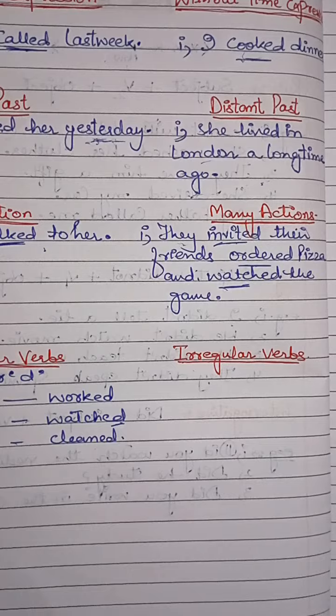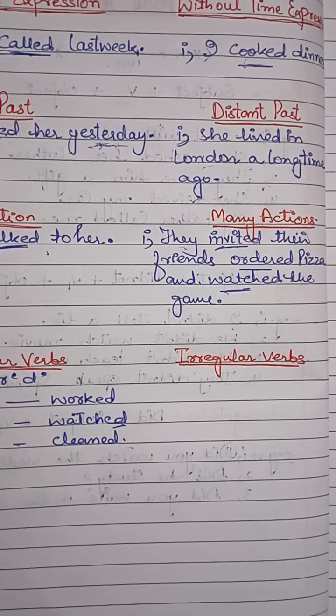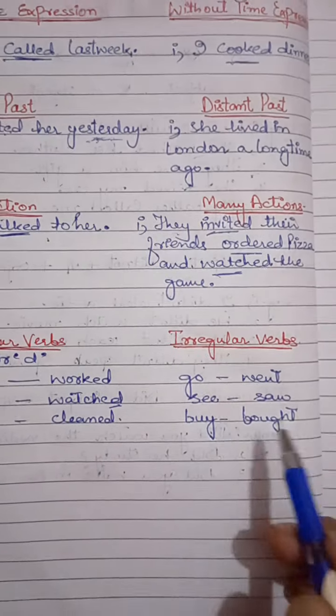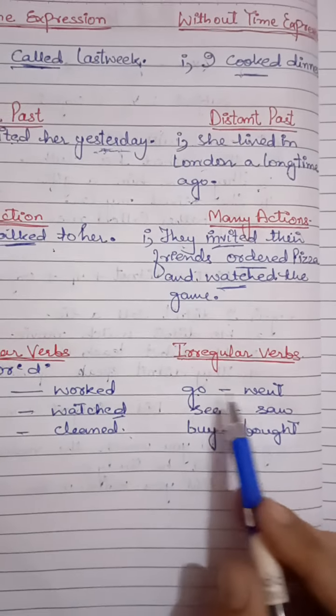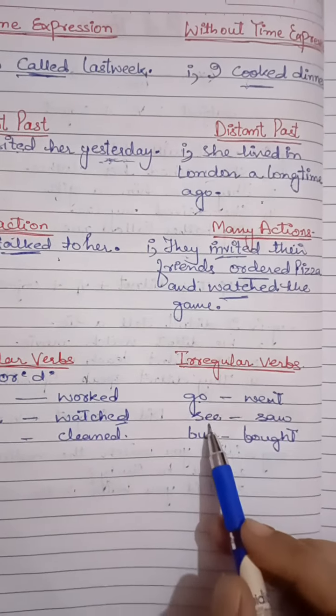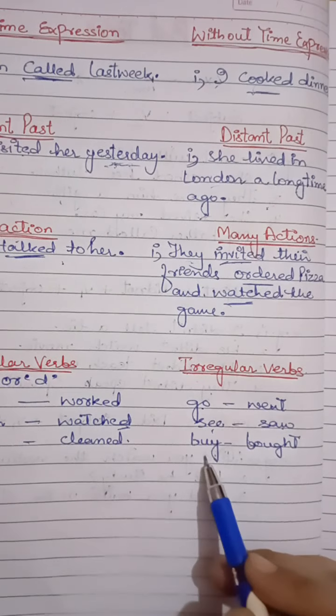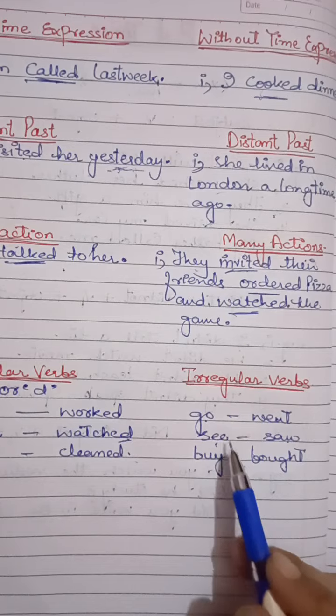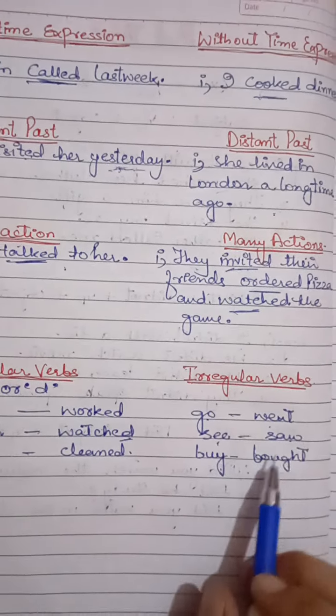So let's look at the examples. Go becomes went, see becomes saw, buy becomes bought. It completely changes in irregular verbs.